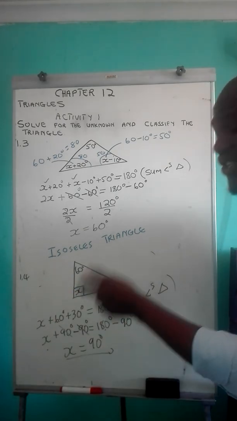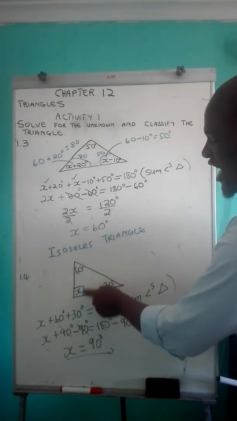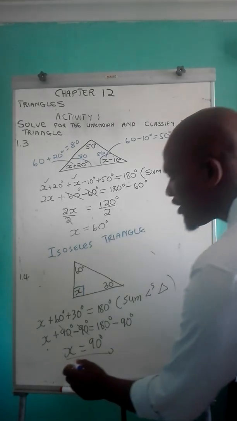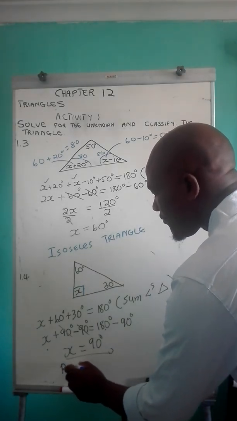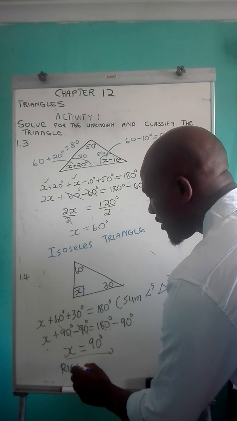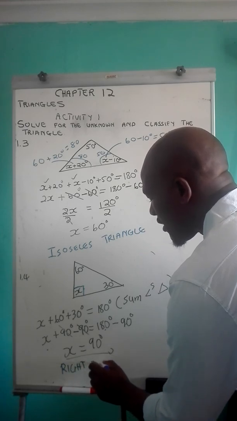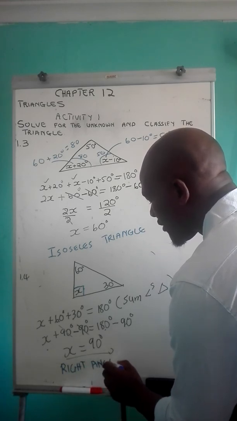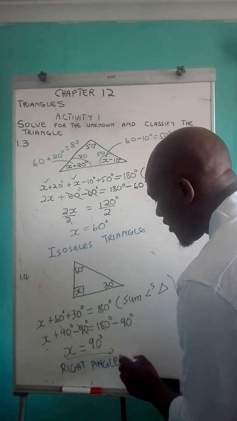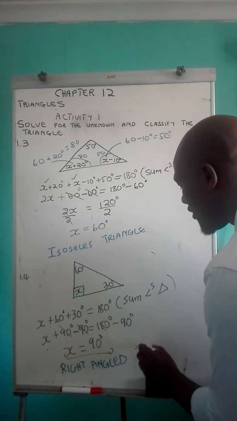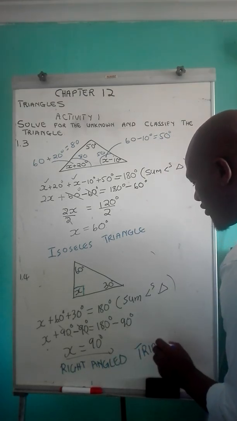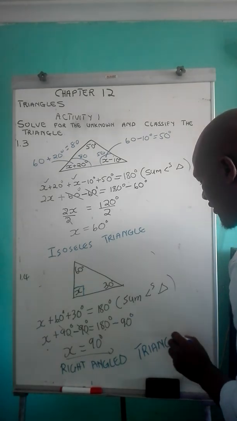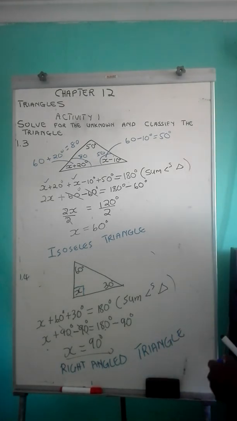But now there's a special name for this because this is 90 degrees. We call it a right angled triangle, because there is 90 degrees. It's a right angled triangle.